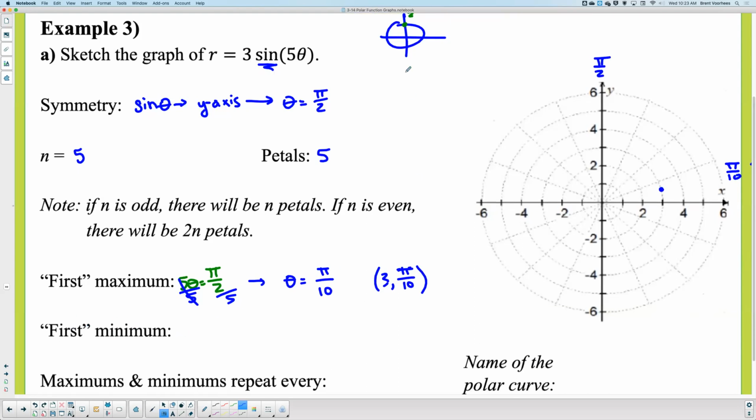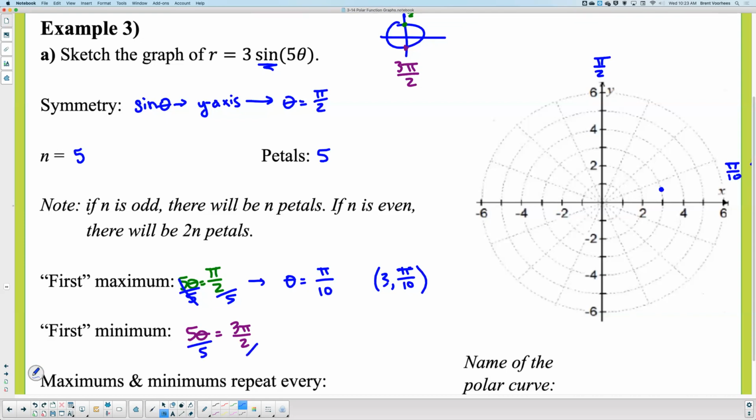Now, the first minimum, when should sine have its minimum? At 3 pi over 2. We should have a minimum at 3 pi over 2. So here's what we're going to do. We're going to take 5 theta and set that equal to 3 pi over 2. Let's do our algebra. How do I get theta by itself?